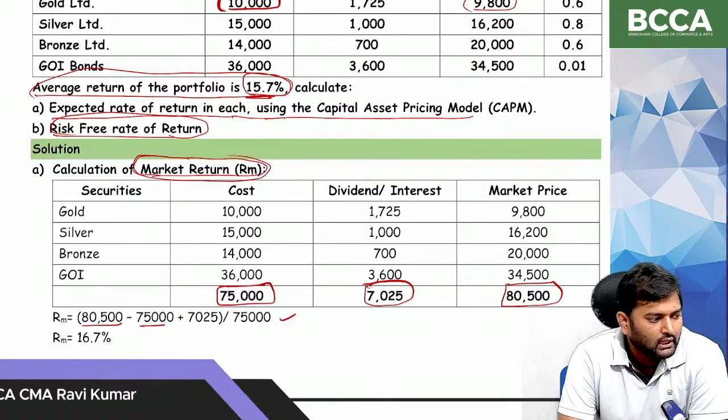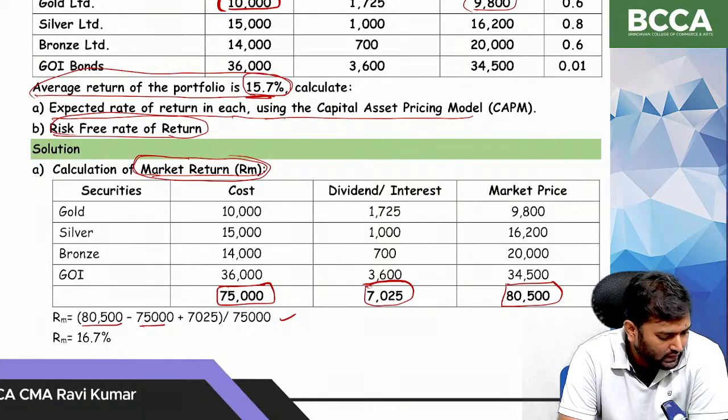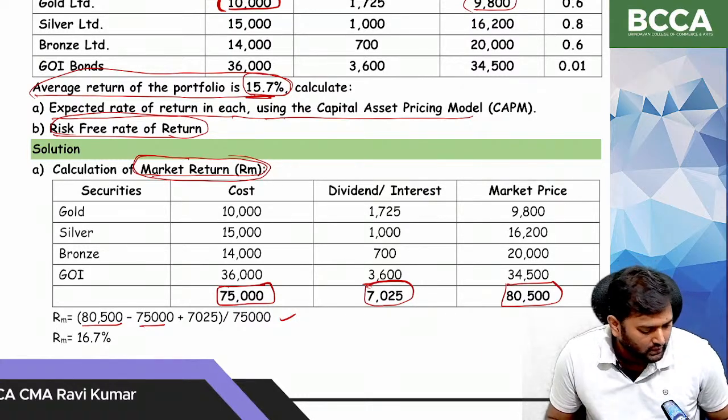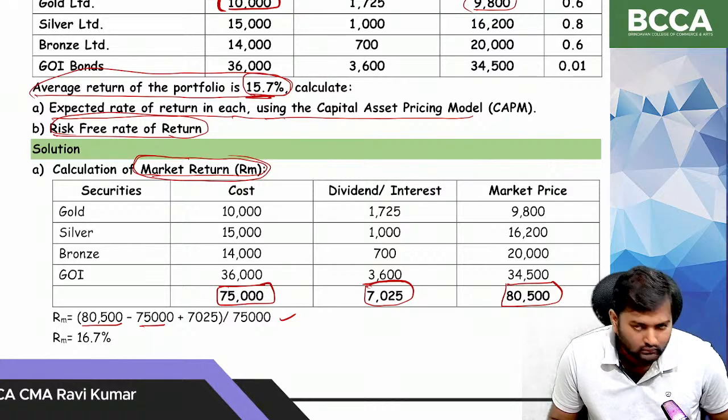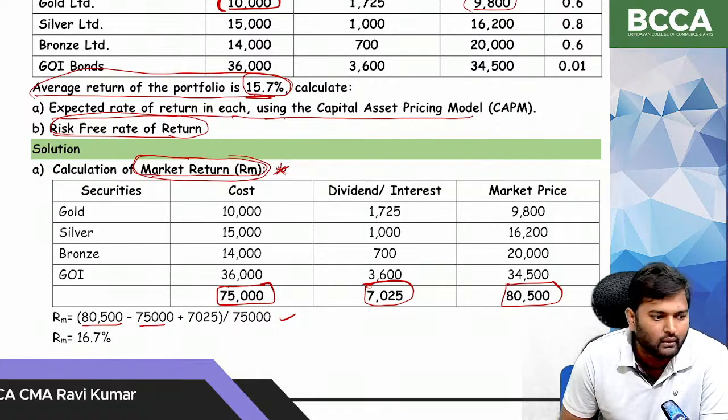This question's calculation is simple. This is also a past examination question. But we have to take an assumption that we are assuming the actual return of a portfolio as the market return. Careful with this point.